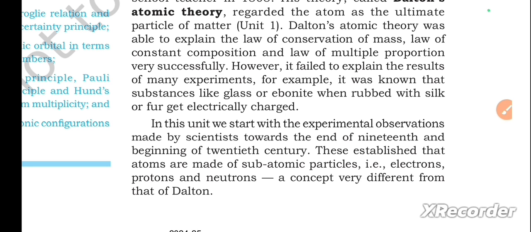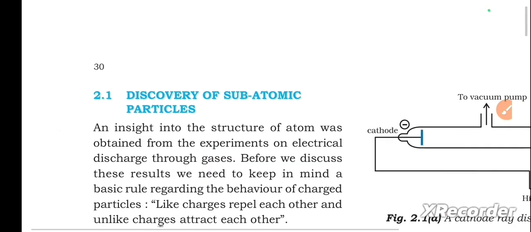In this unit, we start with the experimental observations made by scientists towards the end of the 19th and beginning of the 20th century. These established that atoms are made of subatomic particles, that is, electrons, protons and neutrons, a concept very different from that of Dalton.